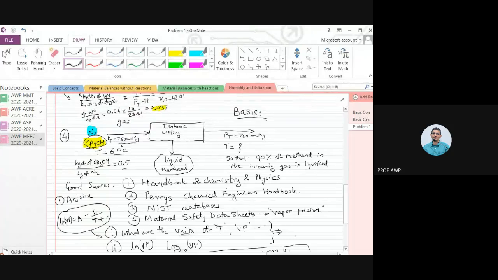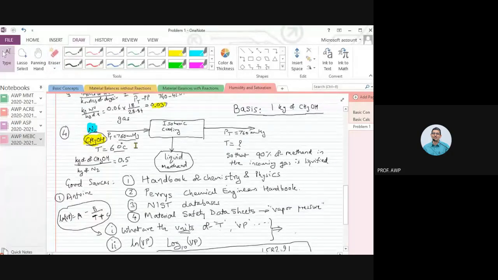What basis would you like, Edith? 1 kg of methanol. In the incoming gas or the outgoing gas? The incoming gas. So our basis is 1 kg of methanol, right?